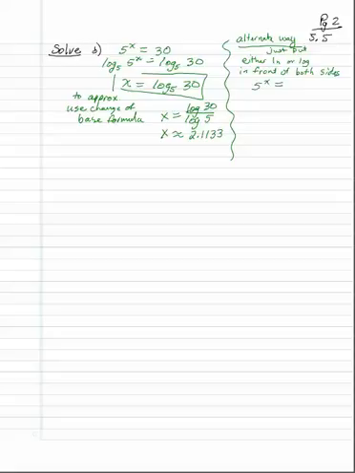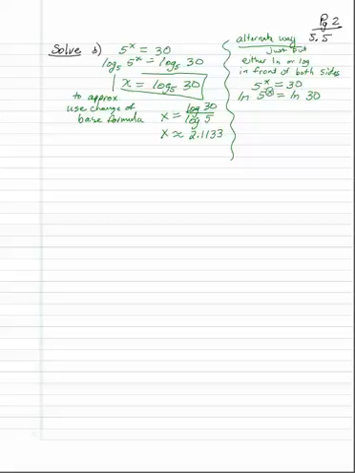So if I have 5^x equals 30, I'm going to use ln this time, because that's typically the one I would use. So you put ln in front of both sides, or the common log, doesn't matter. Just pick one and do it to both sides, golden rule, right? So now we're going to use the power rule.